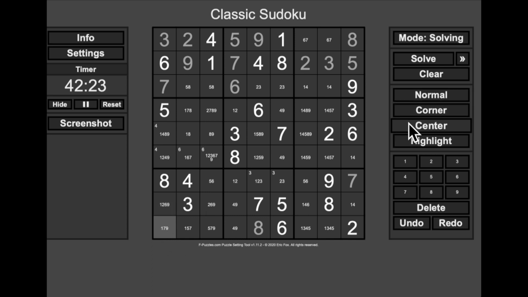Oh, well, that's not 7. Okay. This is 1, 2, 4, and 9 in some order. That's not 6. That's not 8.